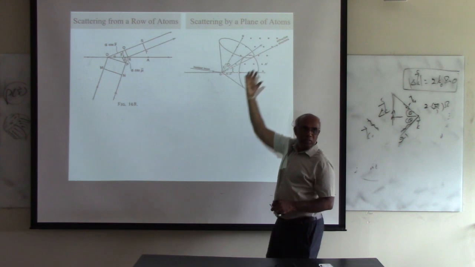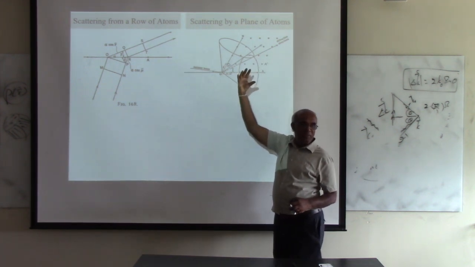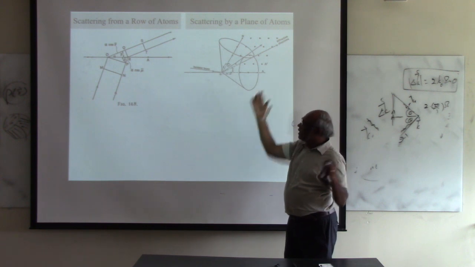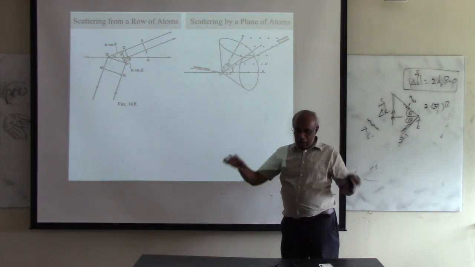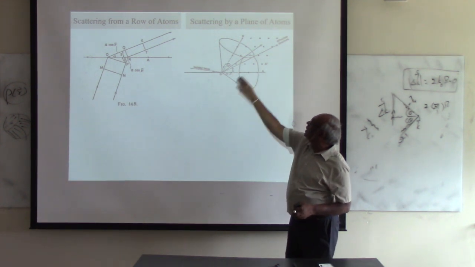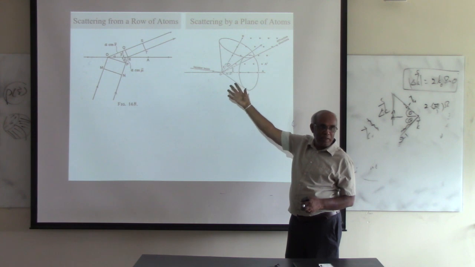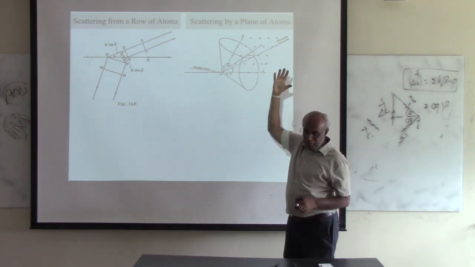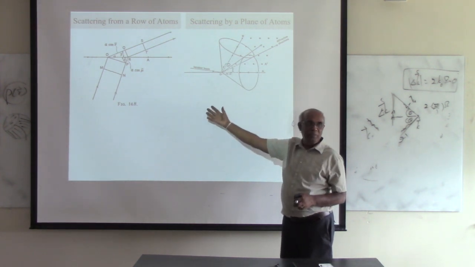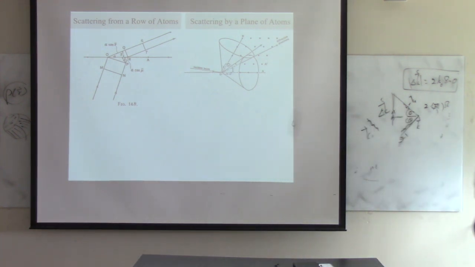Then you are getting this three-dimensionally scattered light coming, right? So if you consider this large sample, you have to consider X-rays getting scattered by all the atoms. Each atom has a lot of electrons with the electron distribution. You can see how complicated it can be, right?